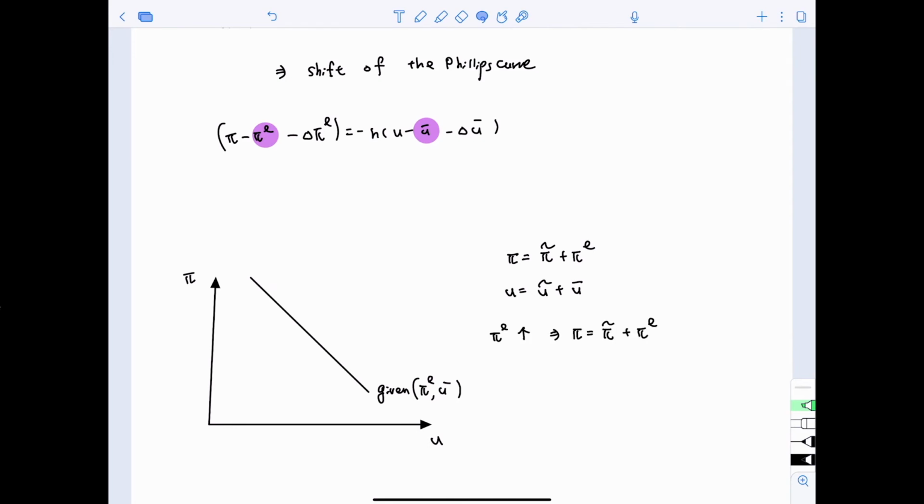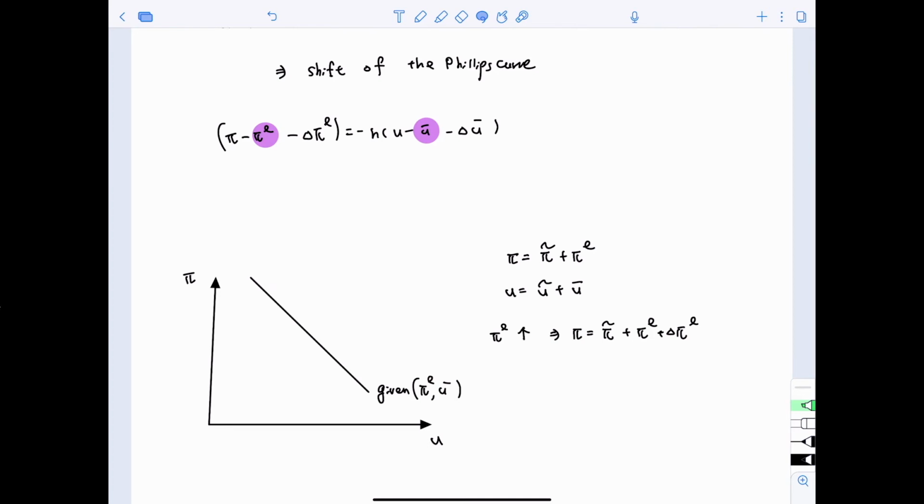So now, if we allow the expected inflation rate to increase, then it means that the true inflation rate will be the unexpected inflation rate plus the expected inflation rate, and then add up another term, which is the increase of the expected inflation rate.